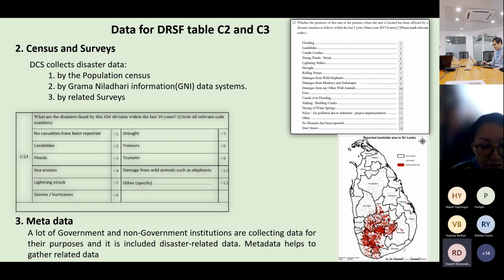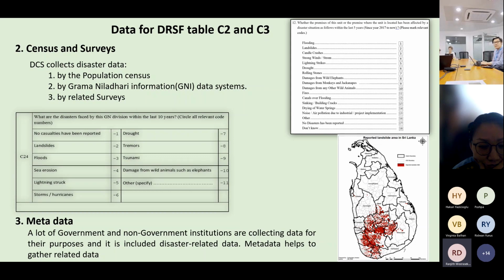GNI means Grama Niladhari Information. This Grama Niladhari information is collected by getting the information at the lowest administrative levels. So now you can see on the left side some of the questions we put into that questionnaire.